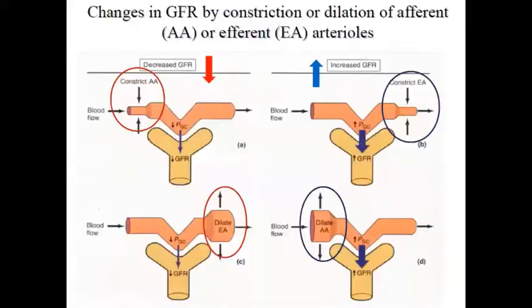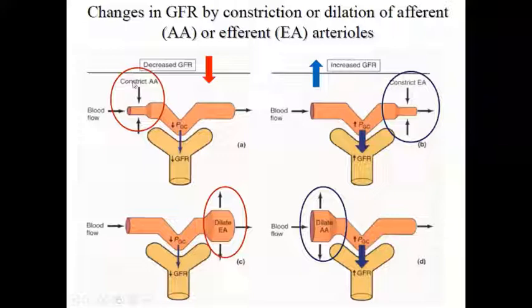Okay, so we proceed. The changes in the diameter of the afferent and the efferent arteriole will have an effect on the glomerular filtration rate. The decreased glomerular filtration rate can be caused by the constriction of the afferent arteriole. You can see the afferent arteriole is the one that is bringing blood to the capsule, to the glomerulus.